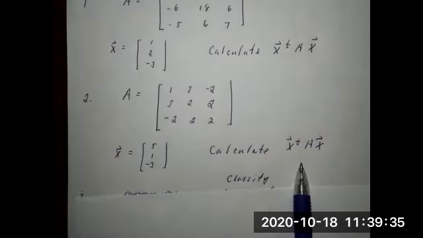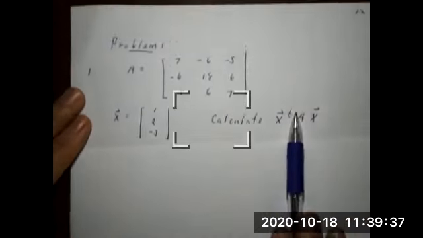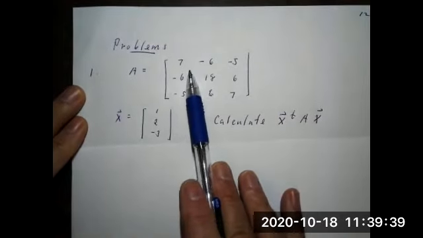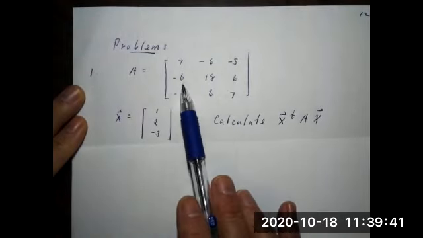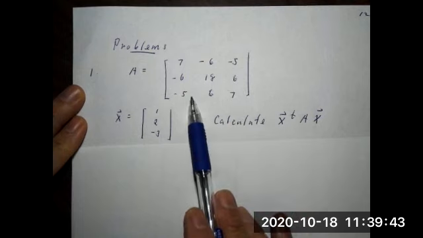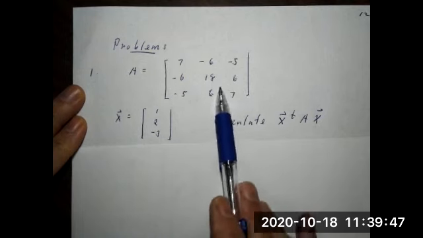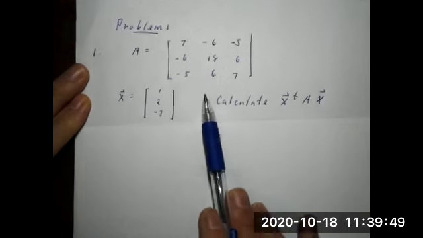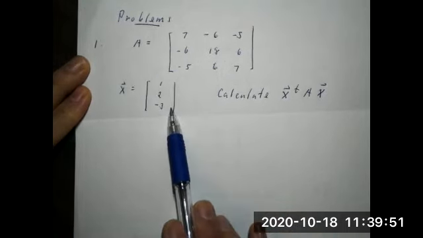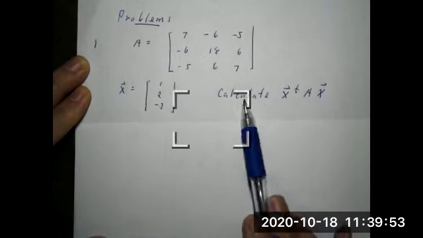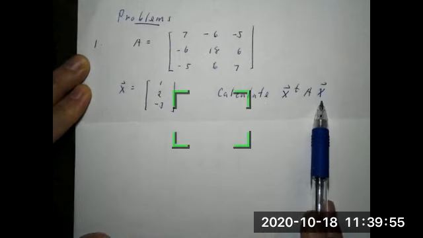Here are some examples for you to try. Here's a matrix: 7, -6, -5, -6, 18, 6, -5, 6, 7. Let's just do a quick check, and this is in fact a symmetric matrix. Let's suppose X is the vector 1, 2, -3. Calculate X transpose AX.